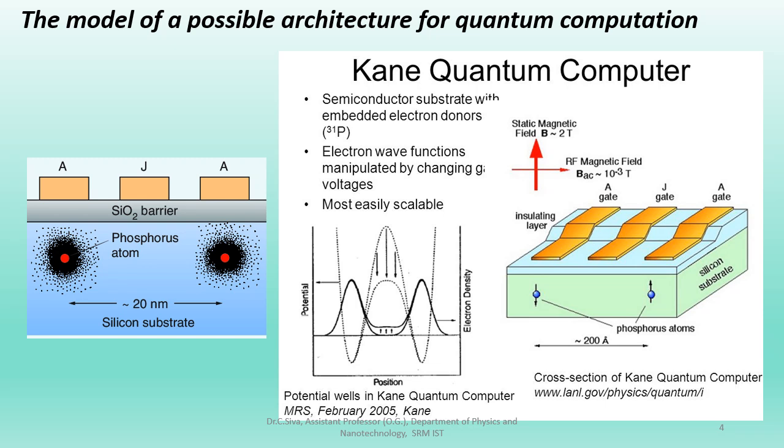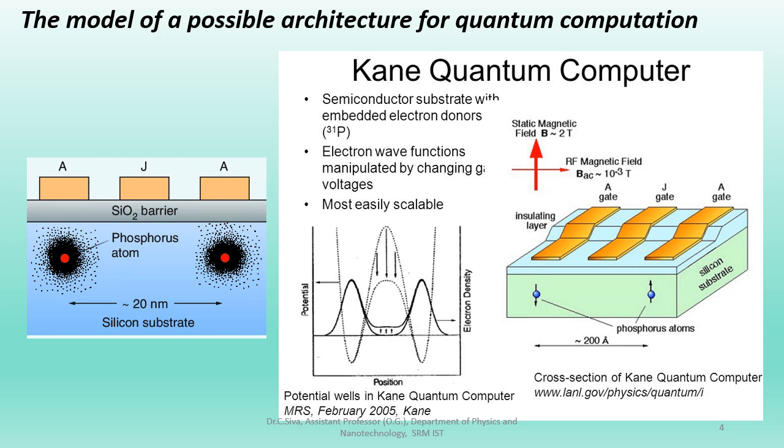This is the model for quantum computing architecture. In this slide, we see a conceptual model of a quantum computing architecture. Unlike classical circuits, which are made up of transistors and metal interconnections, quantum computers require precise placement of atoms or qubit structures.